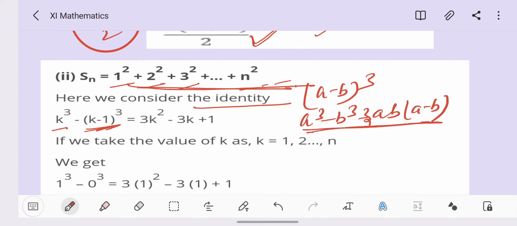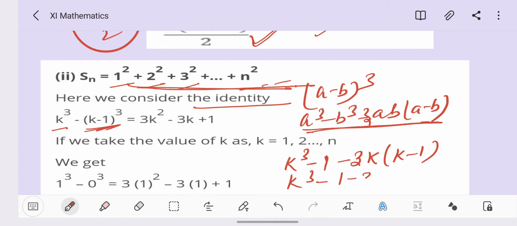So this will give you a cube, that is k cube, minus 1 cube means 1, minus 3ab into a minus b, so 3k into 1, that is 3k, and a minus b is k minus 1. So it will give you k cube minus 1 minus 3k squared plus 3k, and here k cube minus k cube will get cancelled.